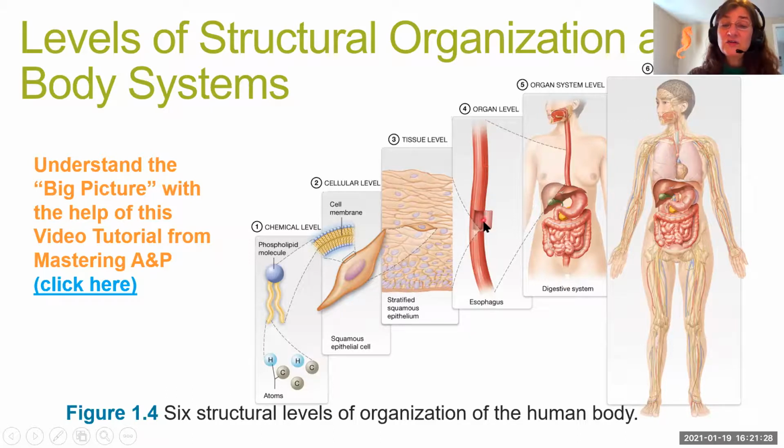But we can look at that esophagus and say, well, that tube is made of certain tissues. The tube is primarily stratified squamous epithelial tissue. It also has smooth muscle tissue in it too. Your stomach also has smooth muscle. There's a lot of muscle tissue in the digestive system, so it can squeeze the food along through the tubes. There are different tissues that make up the esophagus and tissues that make up the stomach and the intestines.